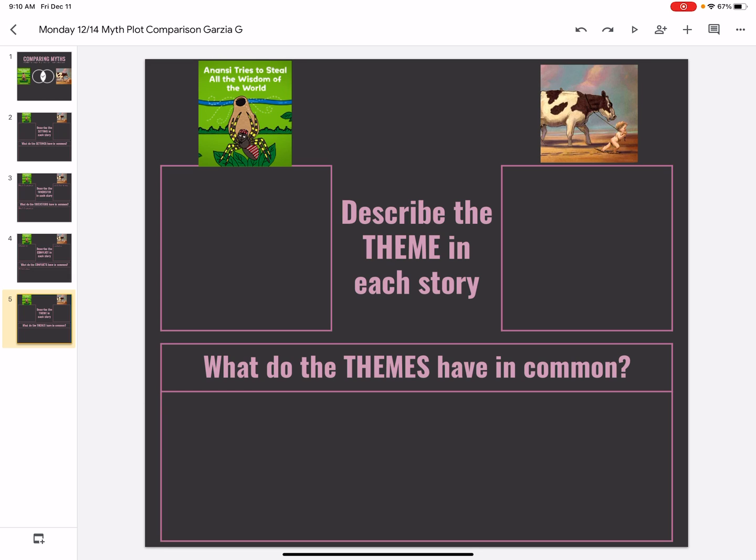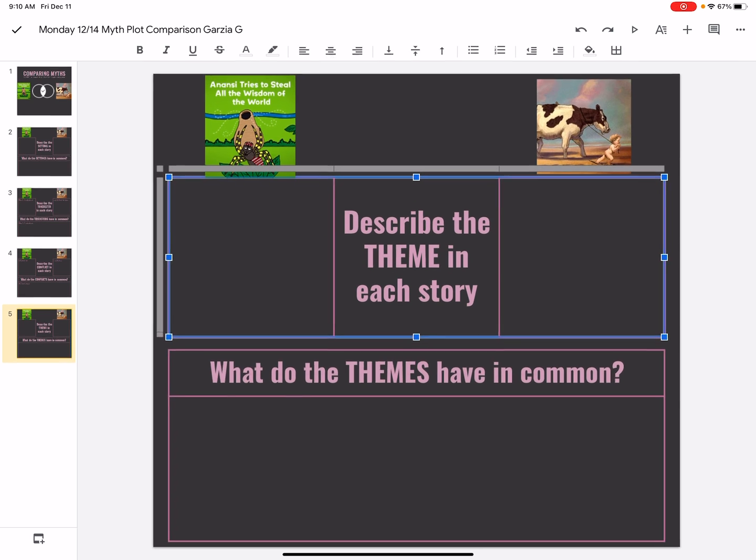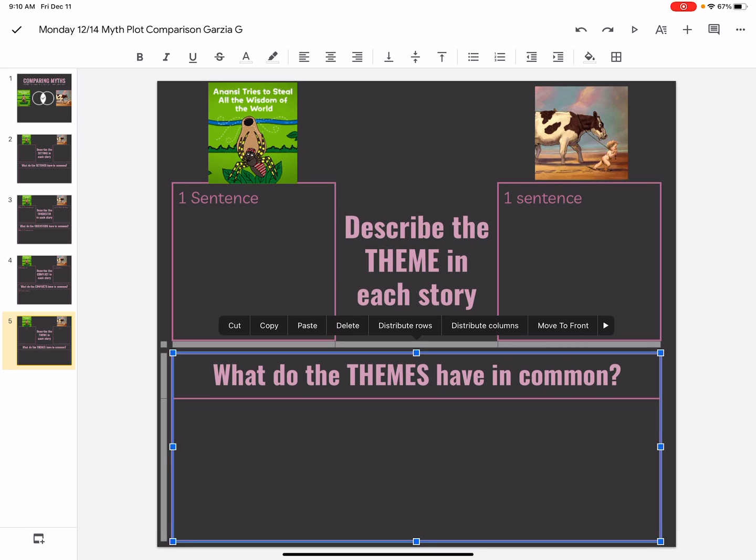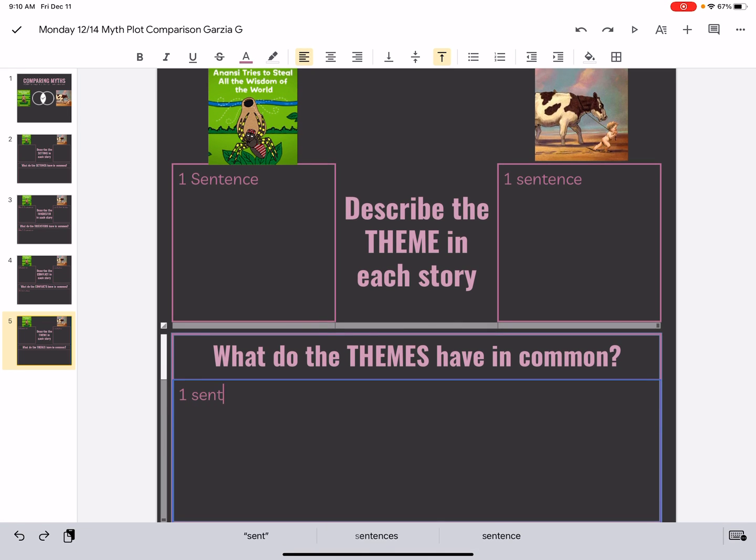And then what do the two themes have in common? For this one, we'll take 1 sentence. I'll be nice. 1 sentence is your requirement here, okay?